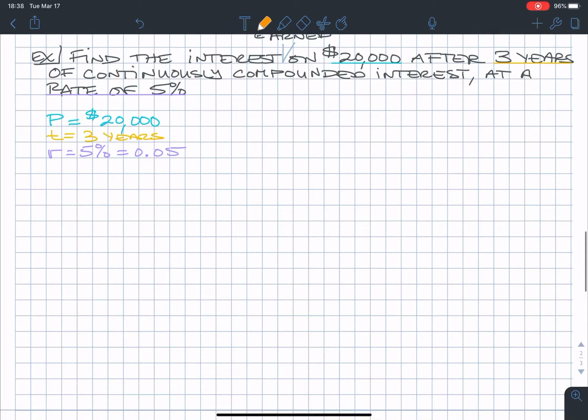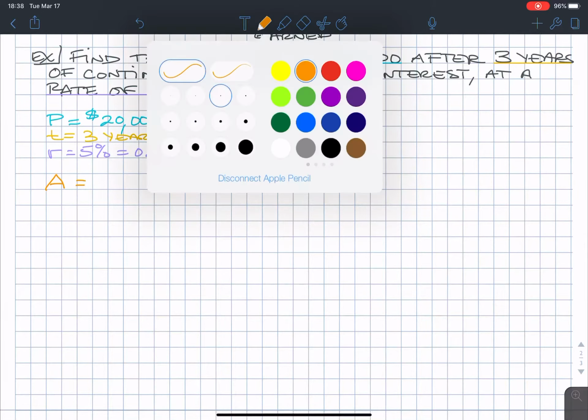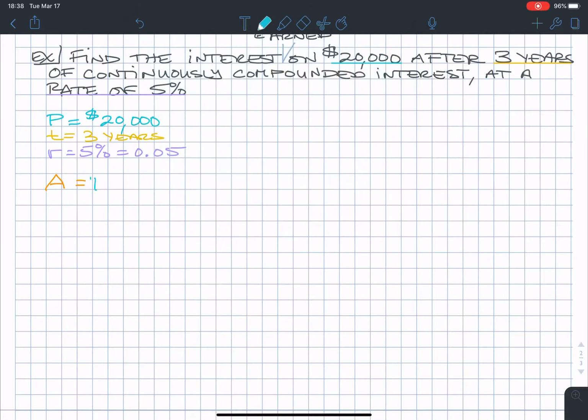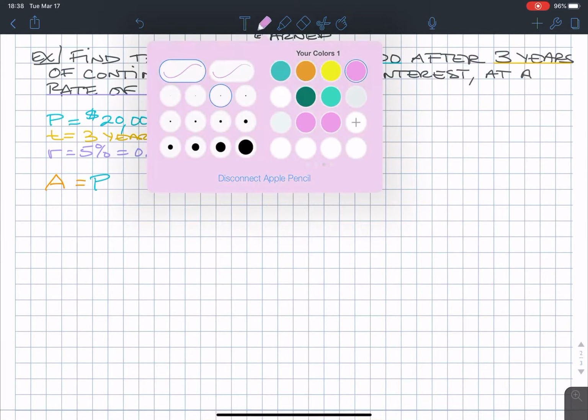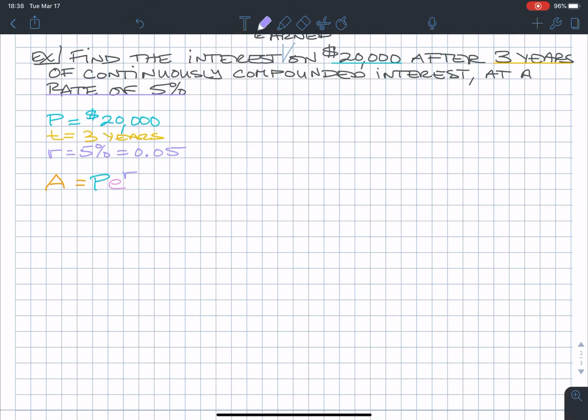Okay, so let's see if I can do this. So we have amount being equal to principal P times E raised to the rate times time. That is PERT. Okay, so let's plug in what we know.